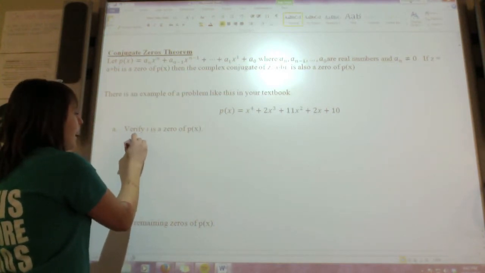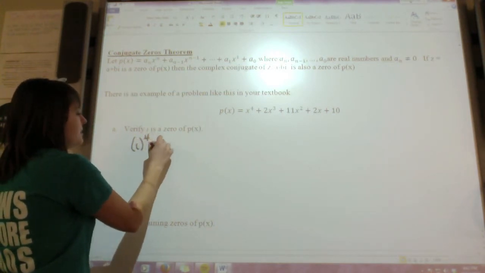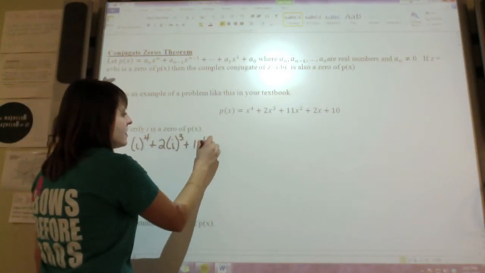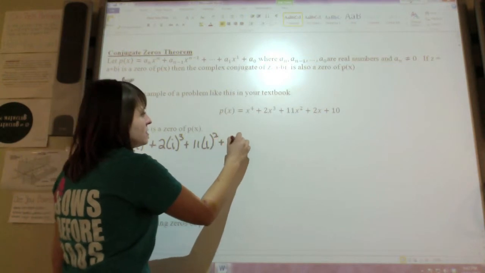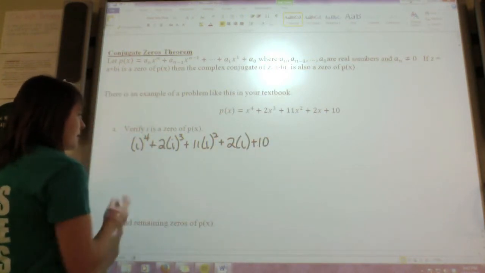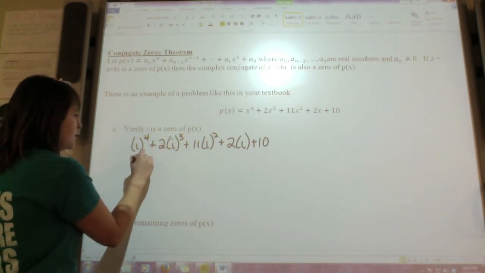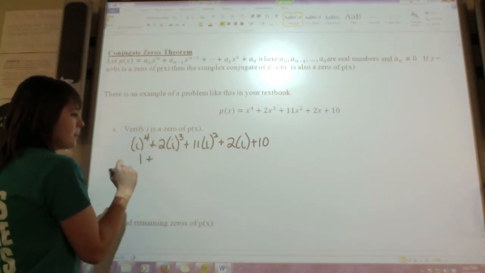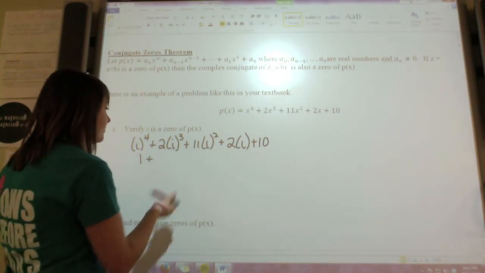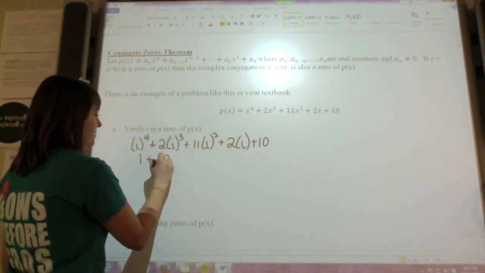So i to the 4th plus 2 times i cubed plus 11 times i squared plus 2 times i plus 10. I'm going to solve this out. So i to the 4th, I know that that's just 1. I cubed, remember that i cubed is negative i. So this is minus 2i.